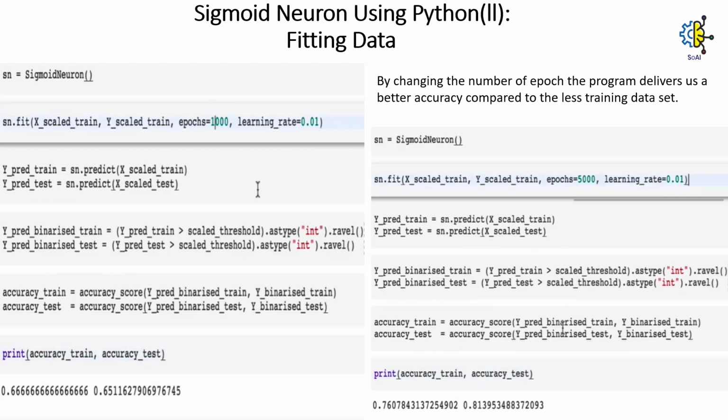In the next slide, which is very similar to the one above, Y_pred_binarized_train is equal to Y_pred_train greater than scaled_threshold.astype of int.ravel function. As I explained in the previous slide, it will return the binarized form like 0, 1 as integer type.